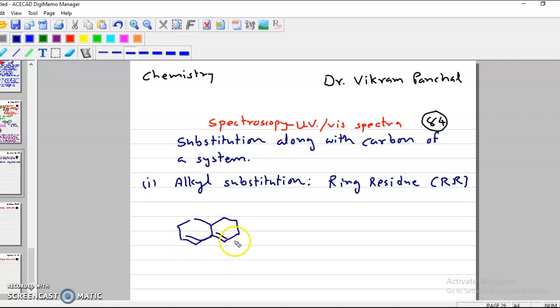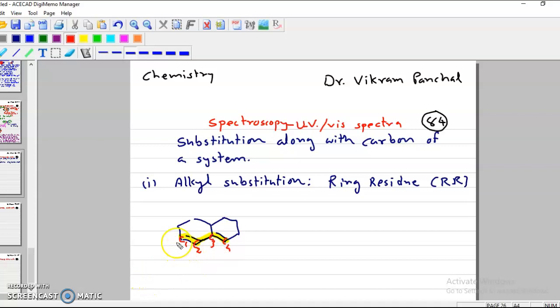This is a diene system, and as there are two alternate double bonds or conjugated double bonds, this is called a heteroannular diene system. Now in this diene system, there are four carbons: C1, C2, C3 and C4.